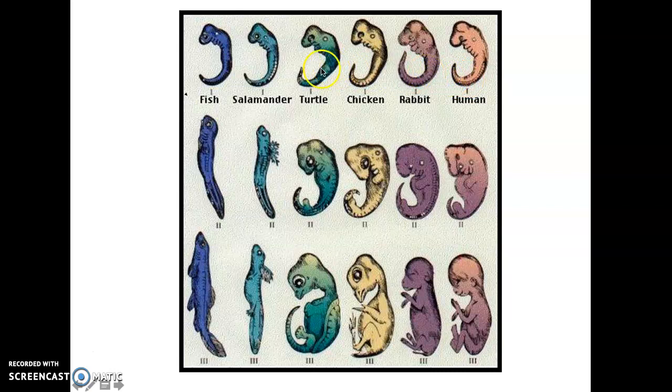Not at all. When it's developing, it looks very similar. Then the developmental rates accelerate at different velocities, and they look quite different. So this can give us clues to similarities in organisms if they look very alike during development.